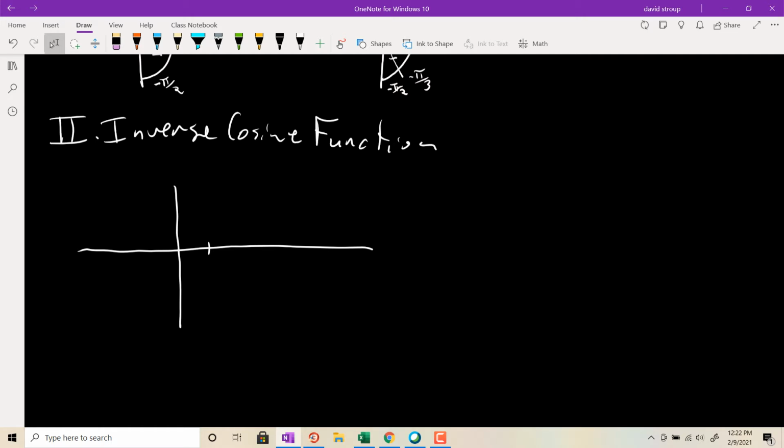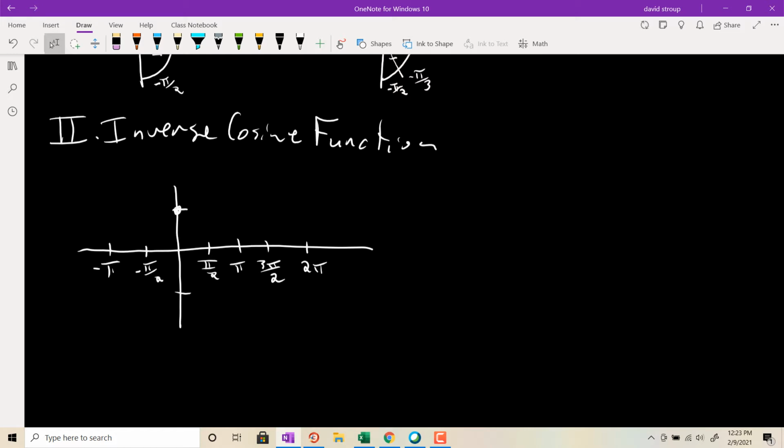So let's get this drawn out. Let's get some tick marks in both directions: pi over 2, pi, 3 pi over 2, 4 pi over 2, which is 2 pi, negative pi over 2, negative 2 pi over 2, which is just negative pi, and get some amplitude of negative 1 to 1.